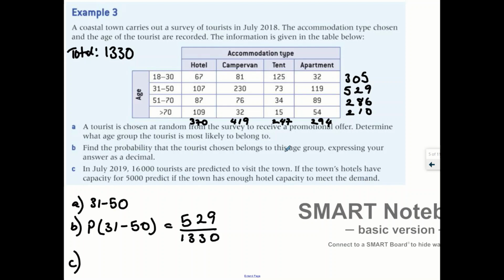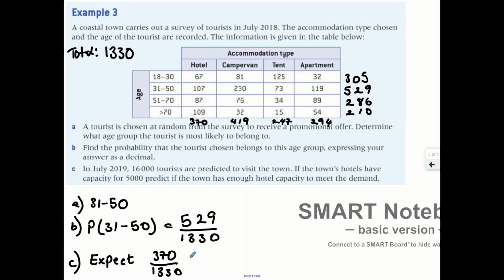So we would expect the number of people to choose a hotel would be the probability. So we would expect, if it's in the same ratios, we would expect 370 out of 1,330 people to choose a hotel.